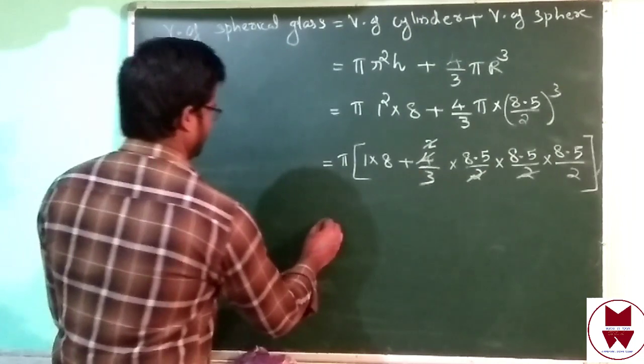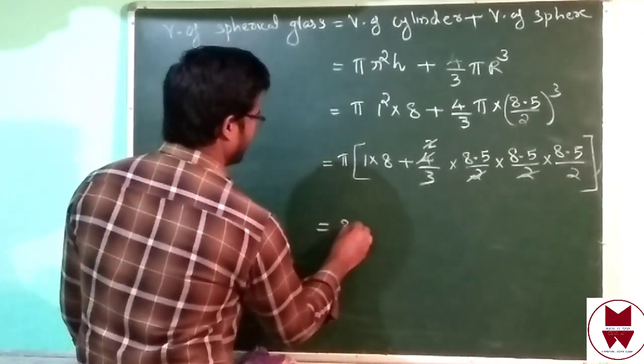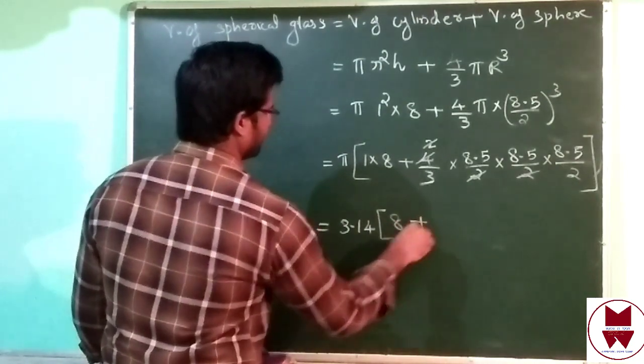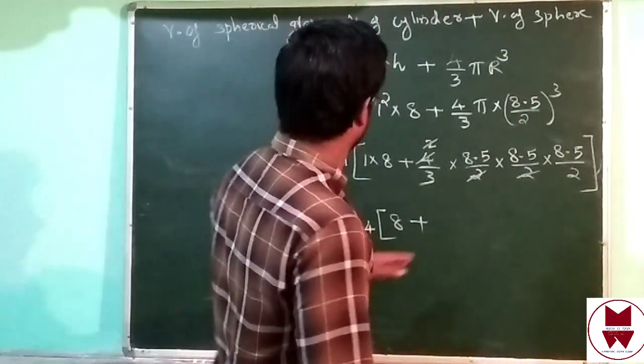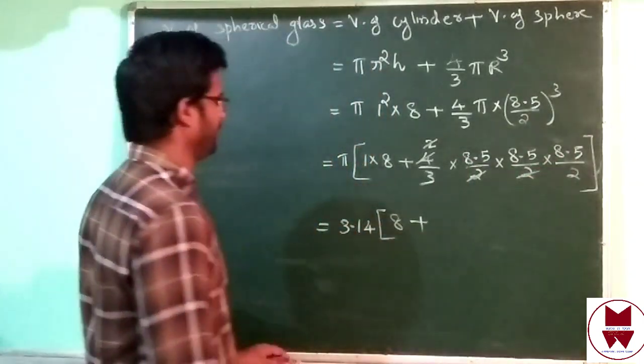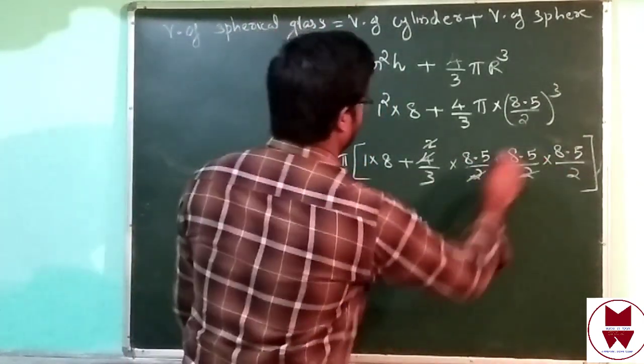Then pi value is 3.14. 1 into 8, 8 plus, multiply 8.5 into 8.5 into 8.5.